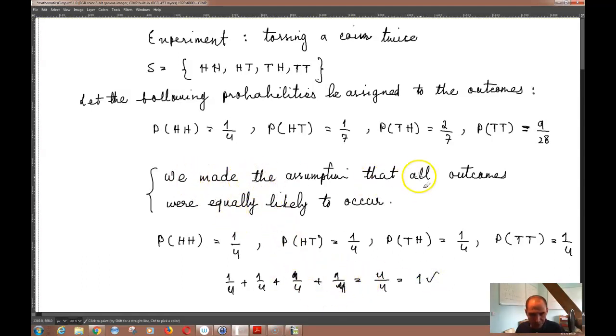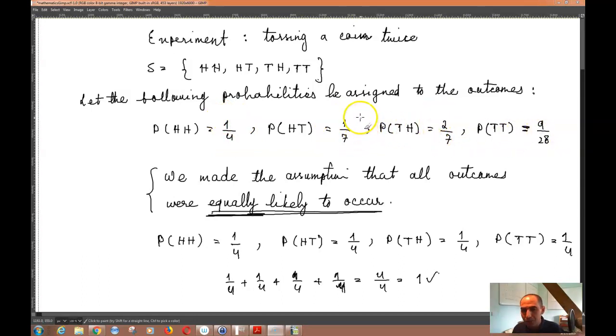But we made the assumption that all the outcomes were equally likely to occur, meaning that you cannot assign a different value to this possibility than to the other one. Here we don't have to make that assumption, meaning that you can consider the probability of this outcome as 1/4, this one as 1/7, 2/7, and so on.